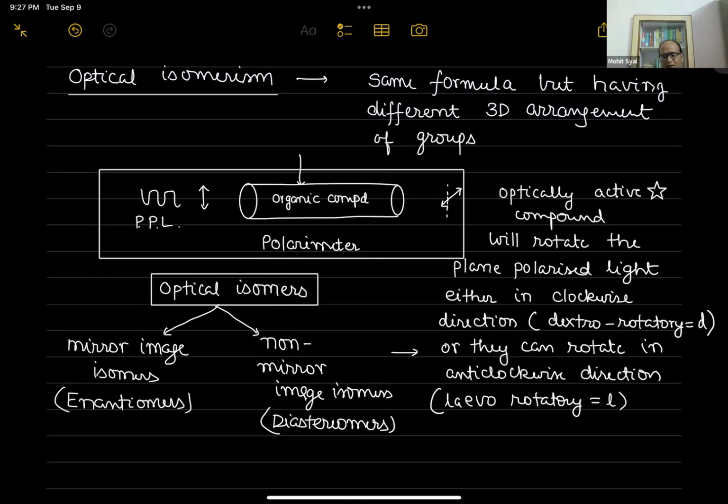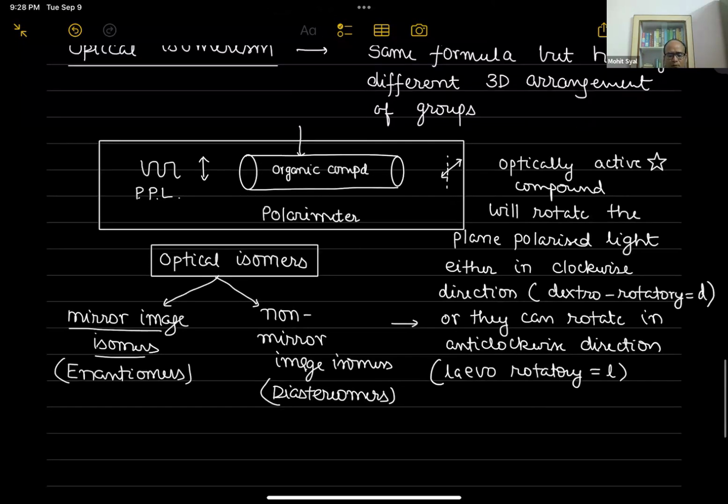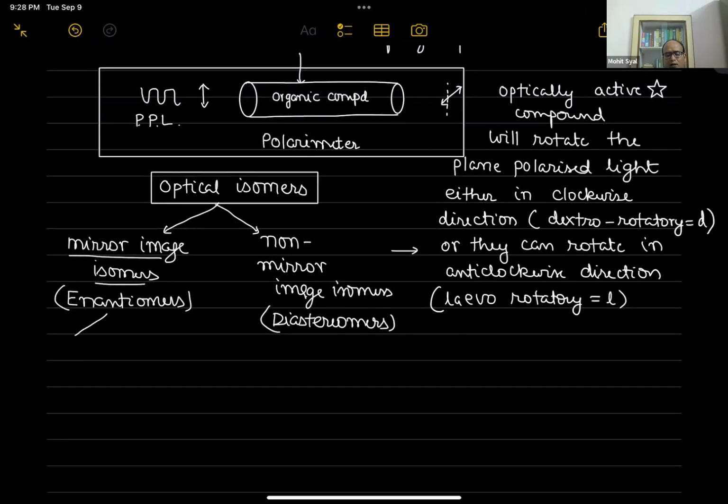If you see their structures, they are mirror images, and they are known as enantiomers. So enantiomers, if you check, are both optically active. One isomer will be dextrorotatory, and its mirror image isomer, because there are two isomers, is going to be levorotatory.